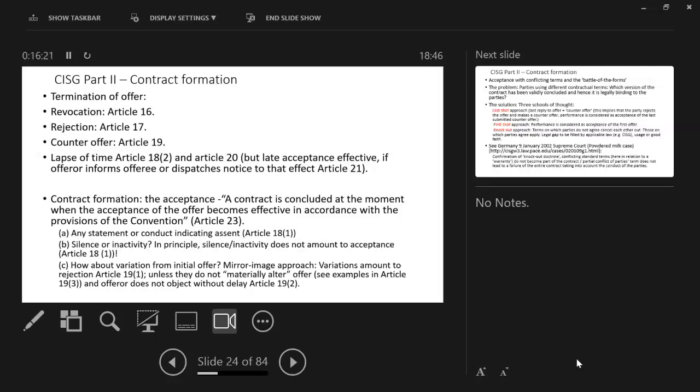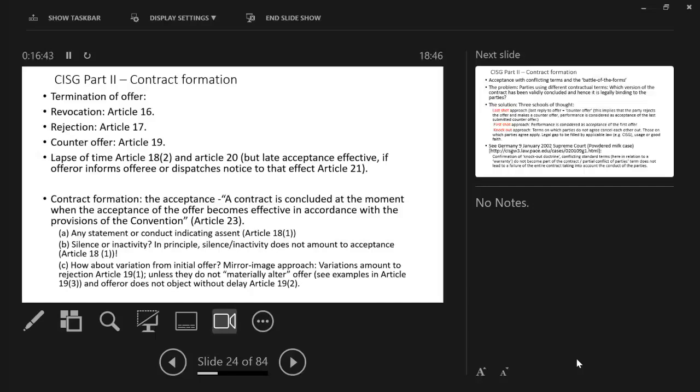Acceptance, a contract is concluded at the moment when the acceptance of the offer becomes effective in accordance with the provisions of the convention. Any statement or conduct indicating assent is acceptance; silence or inactivity doesn't amount to acceptance in general. Then there is variation from the initial offer.